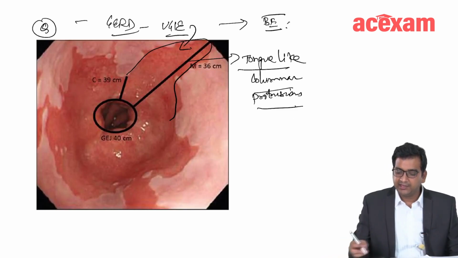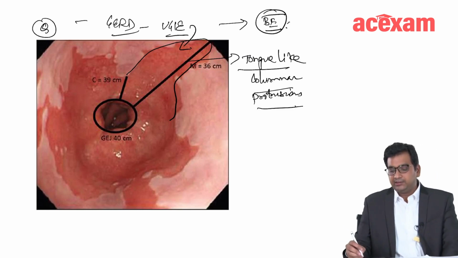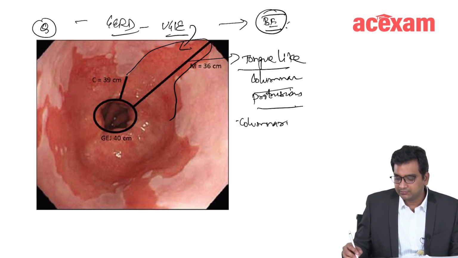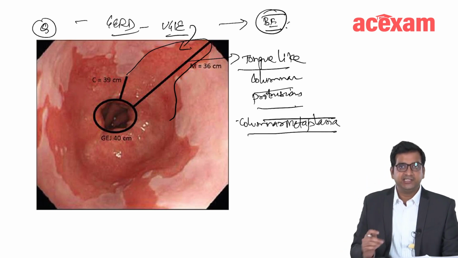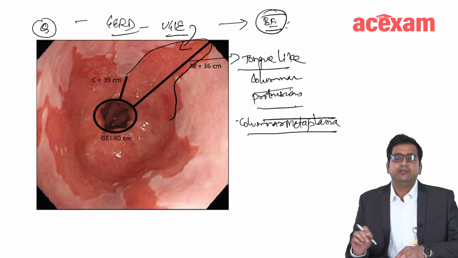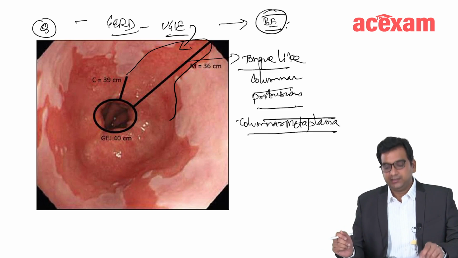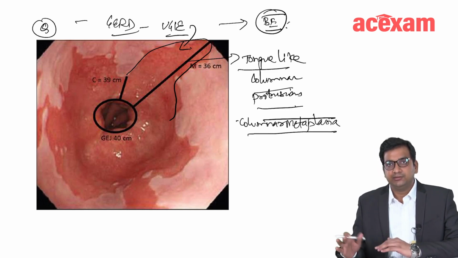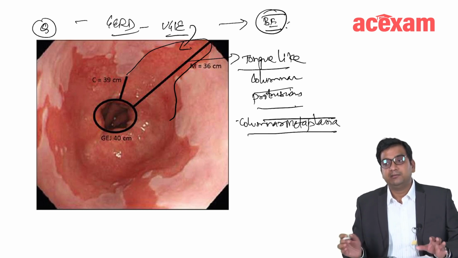Now, regarding this Barrett's esophagus, there is presence of columnar metaplasia. Due to this chronic reflux and chronic GERD, there is presence of inflammation, esophagitis, ulceration, stricture, or there is presence of Barrett's esophagus. This Barrett's esophagus is presence of columnar metaplasia.